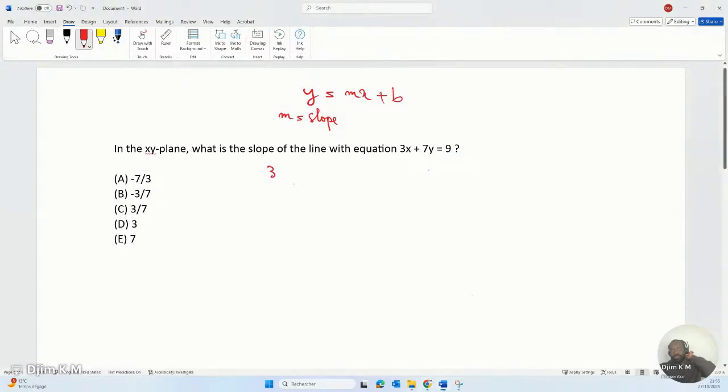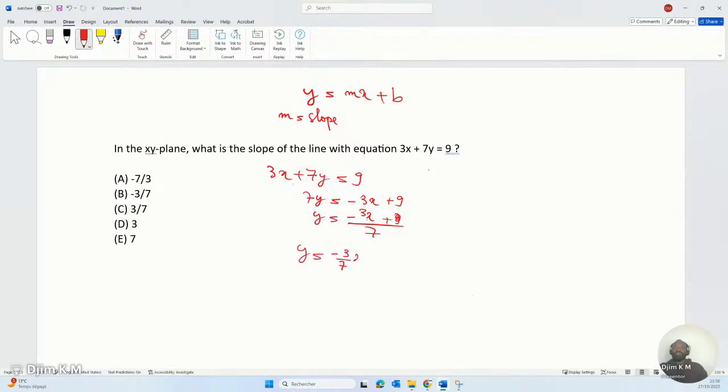So if we have 3x plus 7y is equal to 9, 7y is equal to minus 3x plus 9, so y is equal to minus 3/7 x plus 9/7.